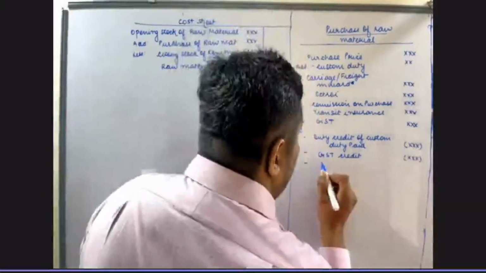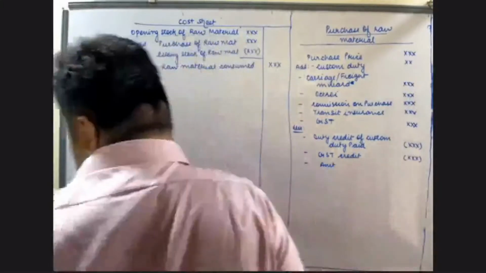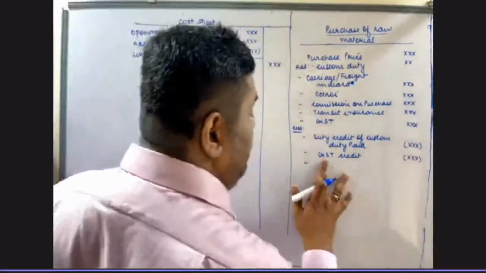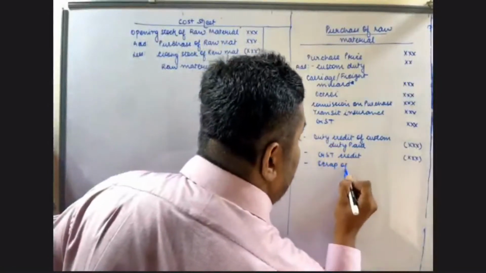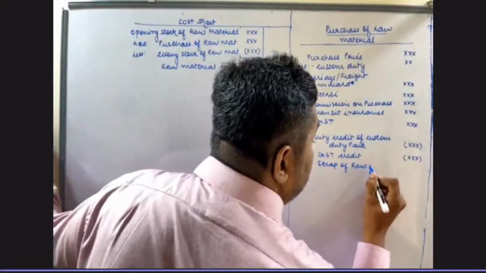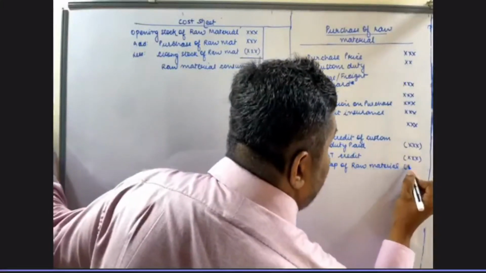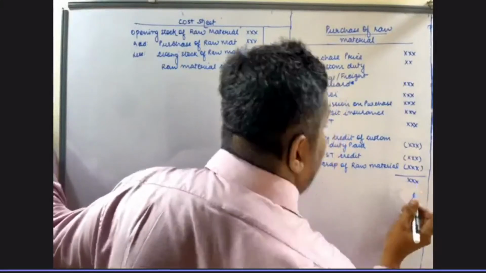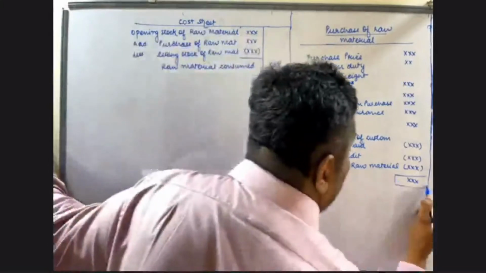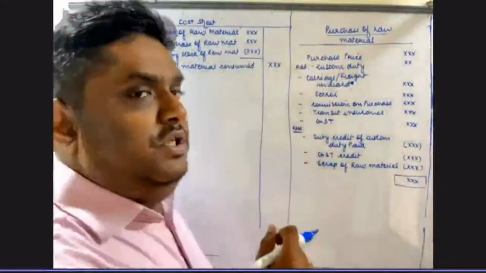So minus, if any amount is realized on sale of scrap of raw material, it will be deducted. So this final value will be the purchase price and it will be shown in cost sheet.